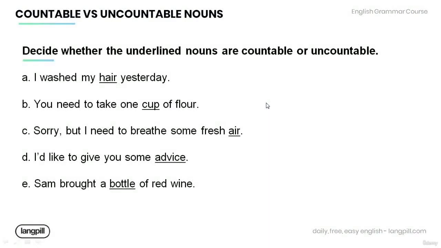Now it's time for you to practice on your own. Read the following sentences and decide whether the underlined nouns are countable or uncountable. A. I washed my hair yesterday. B. You need to take 1 cup of flour.